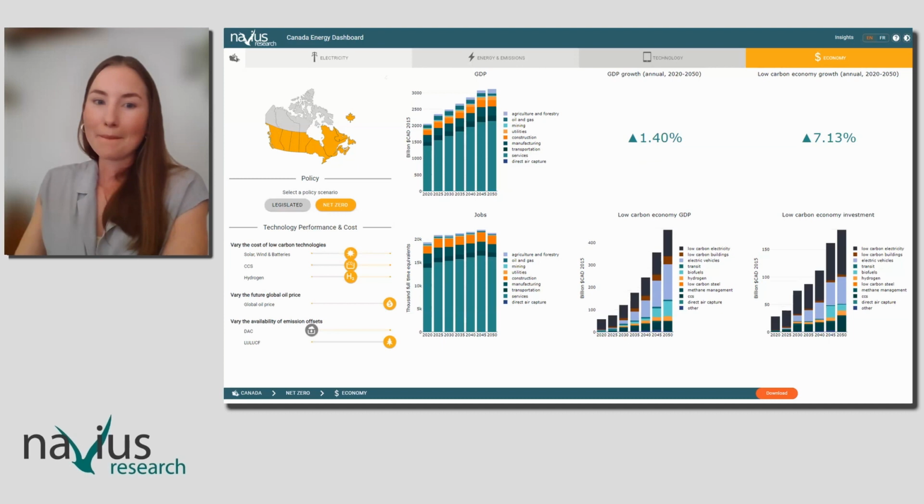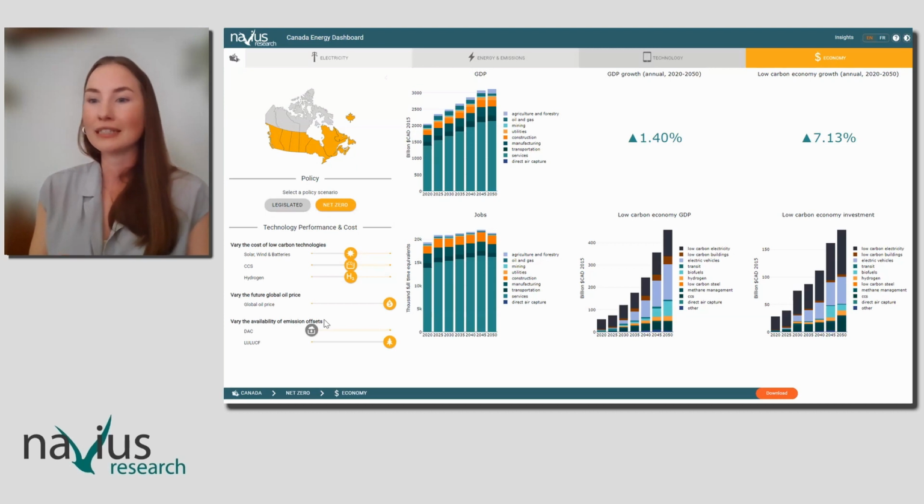There are many other levers we can play with here that have an important impact. So offset availability, for example, is something we haven't touched on yet that has a significant impact on Canada's economy and the need to electrify to achieve net zero emissions.